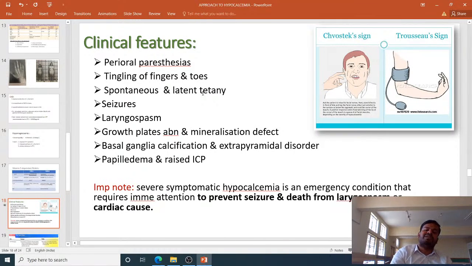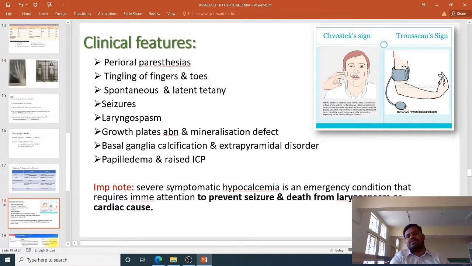So how do we see the Chvostek and Trousseau signs? When you gently tap on the cheekbone, there is sudden contraction and deviation of the angle of the mouth towards the tapped side, which is seen when there are low levels of calcium. So it's Chvostek sign.